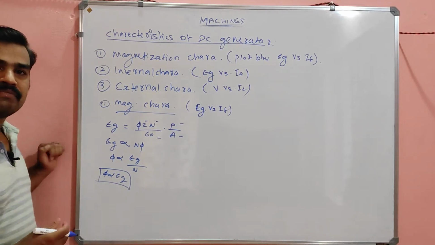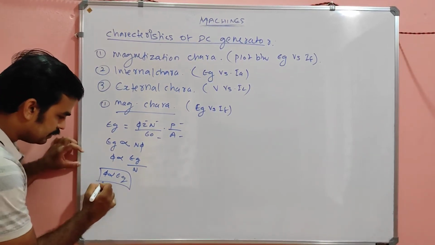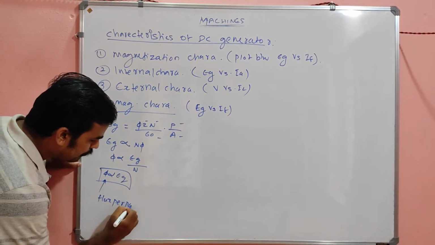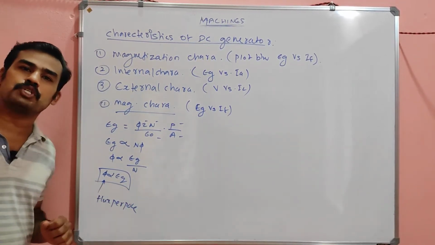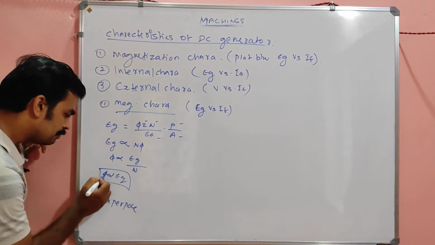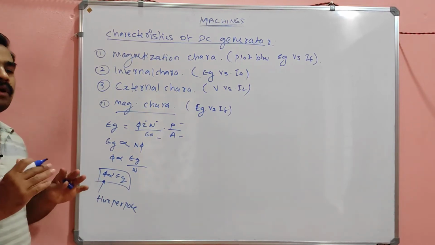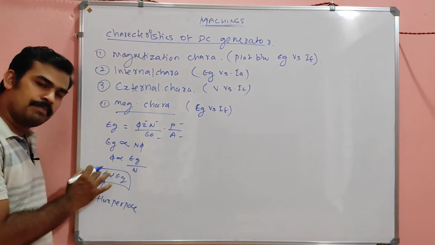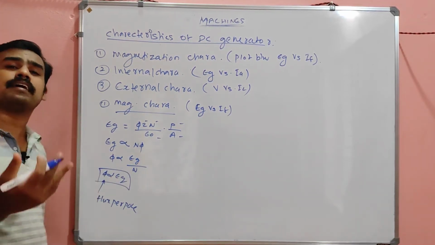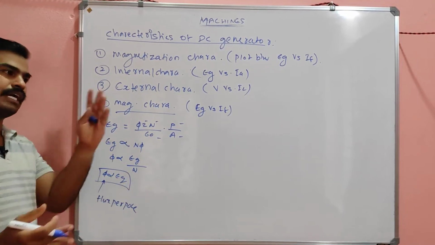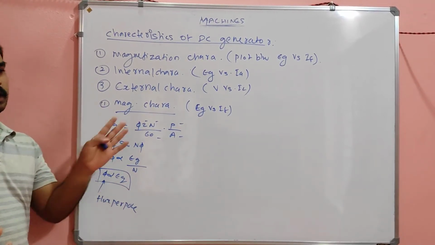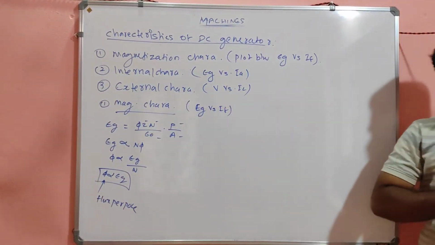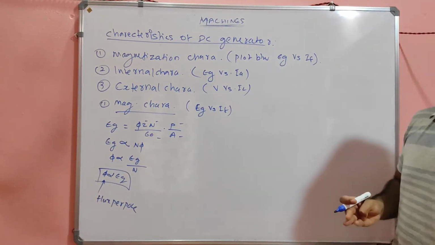Phi is nothing but the flux per pole. Flux per pole is directly proportional to Eg, which means this flux per pole is provided by what current? Field current. Because in a shunt generator, the shunt field provides the field current. In the case of a series machine, the series field winding provides the series field flux.